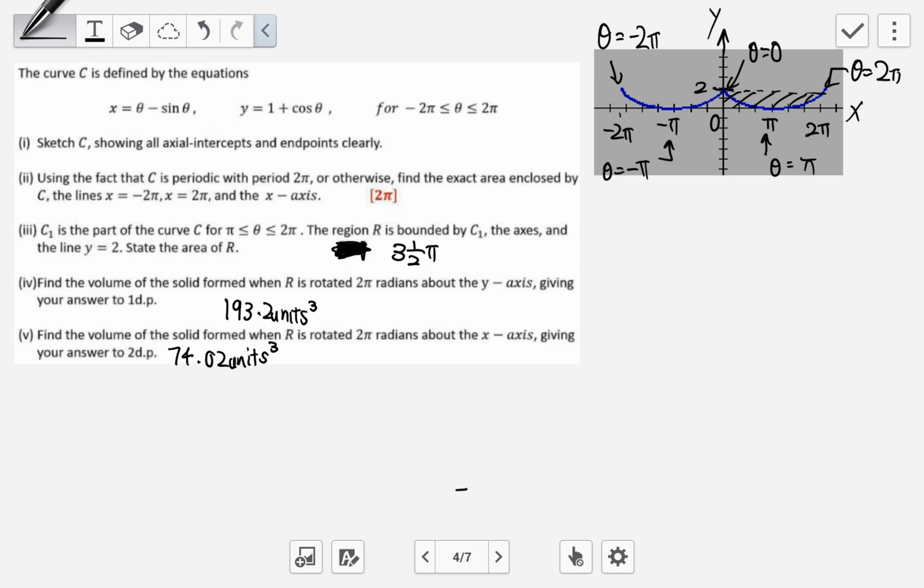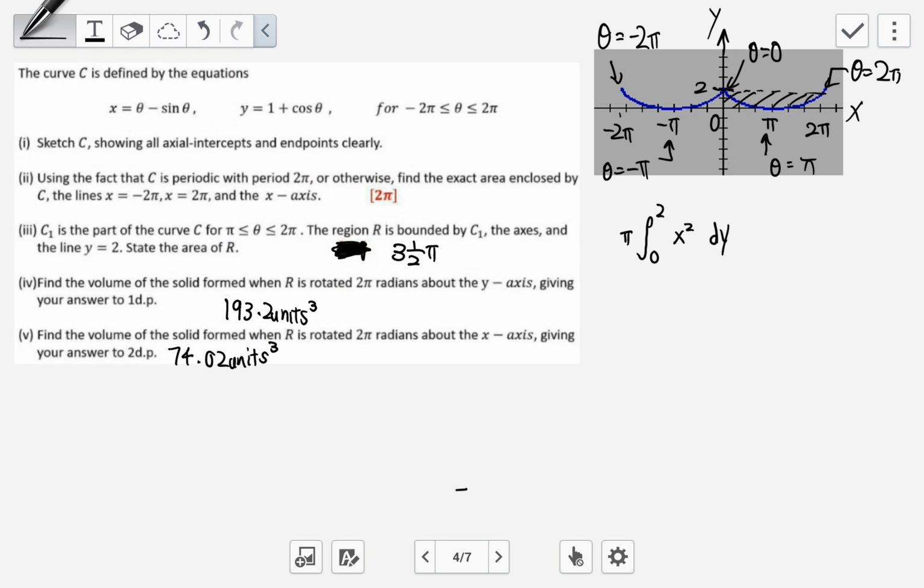So then what do we do? We will integrate pi, and these are the x values, so x squared. Pi x squared. Then as usual, just like just now, we will have 0 to 2, and we will do it with respect to dy because we are rotating about the y-axis.